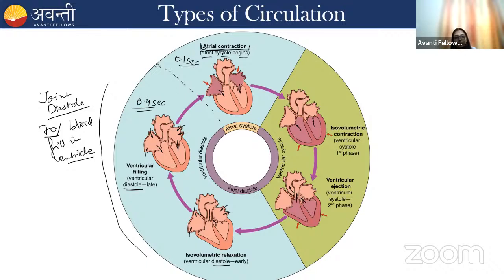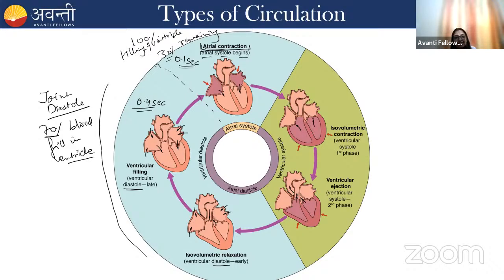When the atria contract, they squeeze, and all the blood in the atrium moves to the ventricle. Now the remaining 30% of the blood fills the ventricle, so it leads to 100% filling of the ventricle.